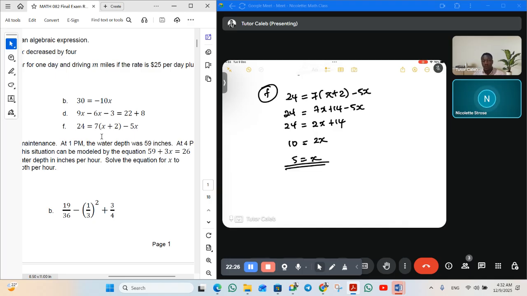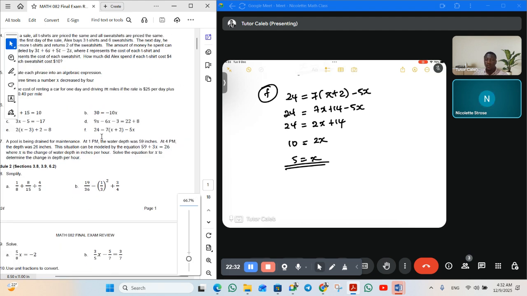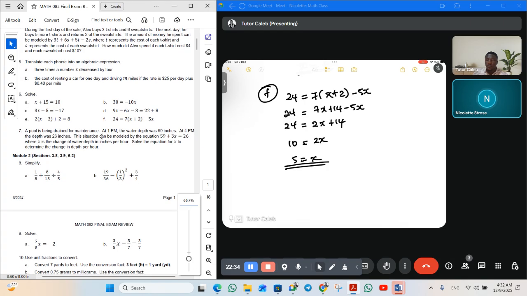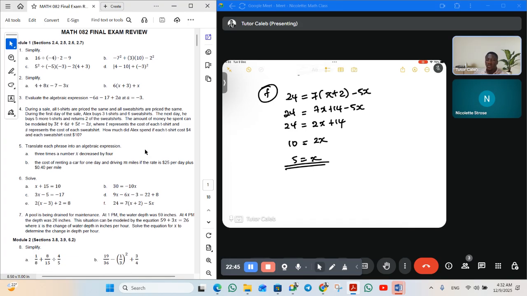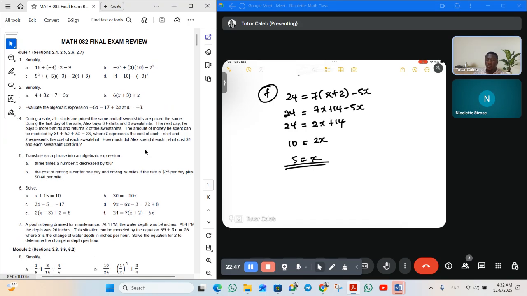So x equals 5. Correct? Okay, so that was number 6. We did 2 and 6. Now let's go to question 1.